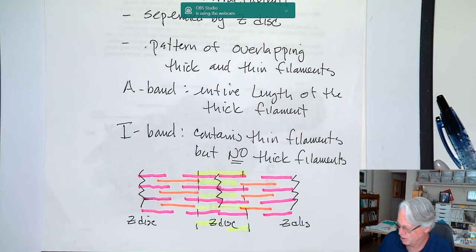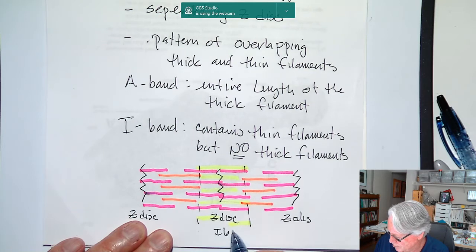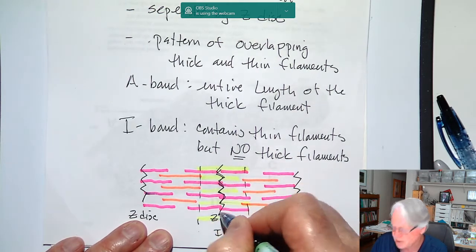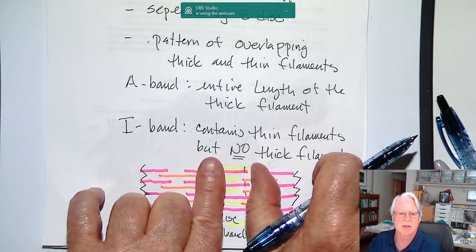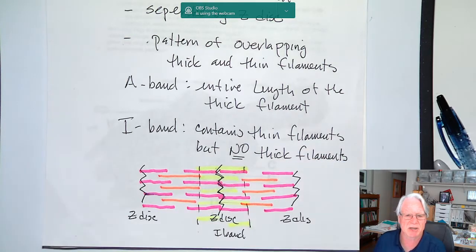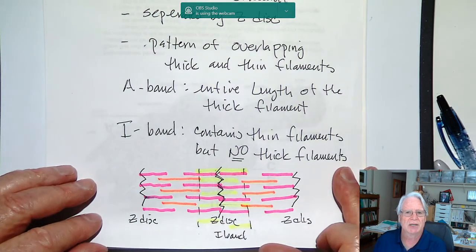So we have the I band. But in the center is my Z disc. So I've got a portion of one sarcomere, that's I band. Portion of another sarcomere, I band. Okay? So, thin but no thick filaments.